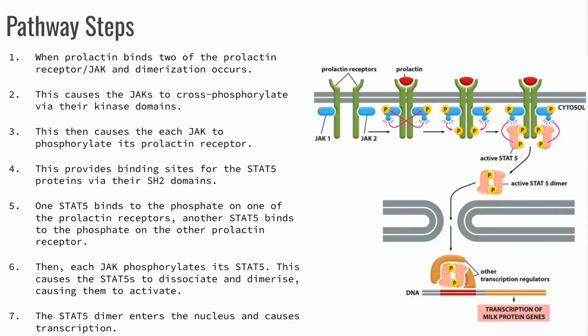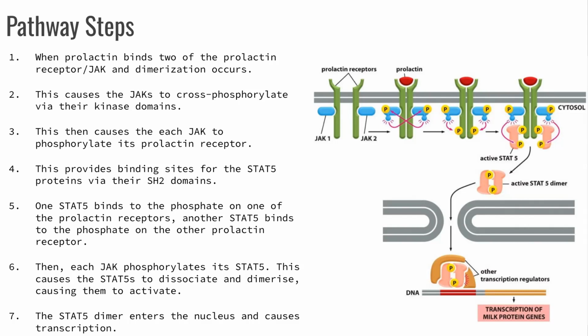Then the JAKs phosphorylate their respective receptors. This phosphorylation provides binding sites for STAT5, which has SH2 domains. Once STAT5 binds to the phosphotyrosine domains, it releases from the receptor, dimerizes, and goes and acts as a transcription factor for milk protein genes.